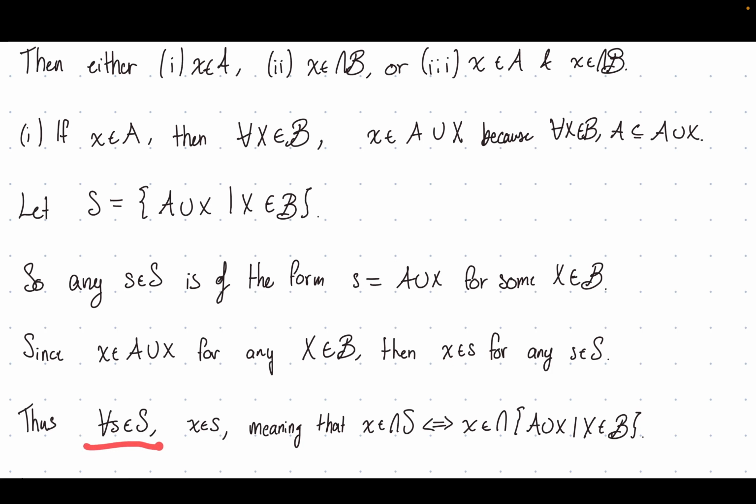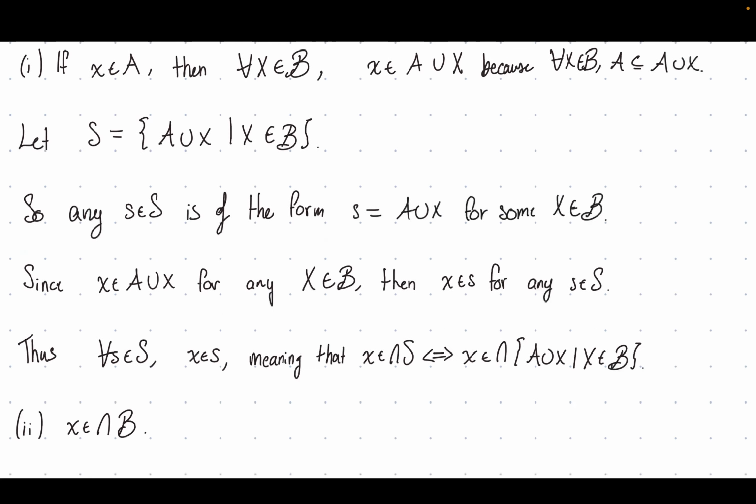So rewriting it in the more formal language, for all little s in big S, X is in little s, meaning that X is in the intersection of big S, which tells us that X is in the intersection of A union X such that X is in B. A mouthful.